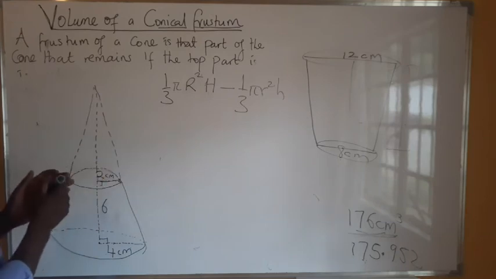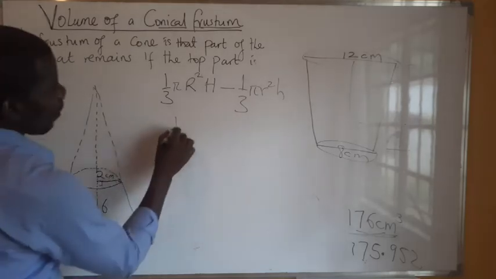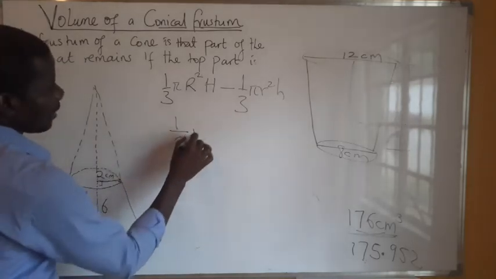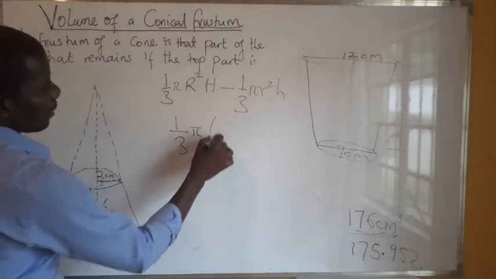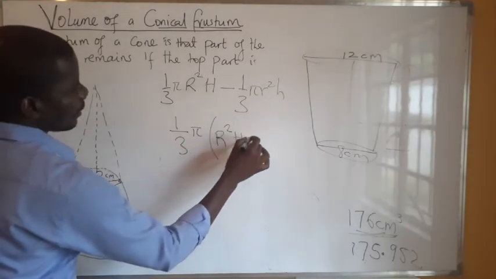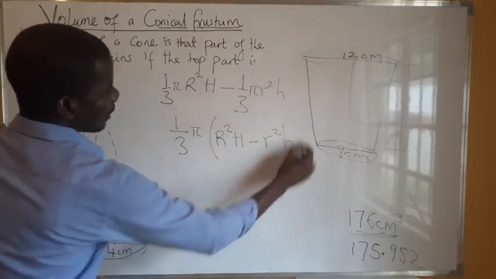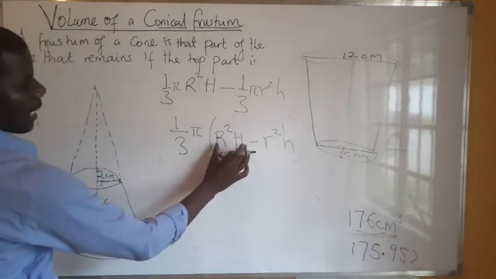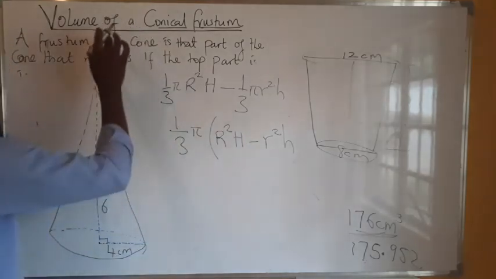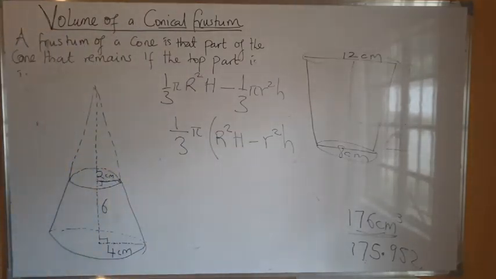We can factorize what is common, which is 1/3 pi. We have R squared H minus r squared h. These are different because these are coming from the bigger cone and these are coming from the smaller cone. Okay? I hope we are getting the idea there.